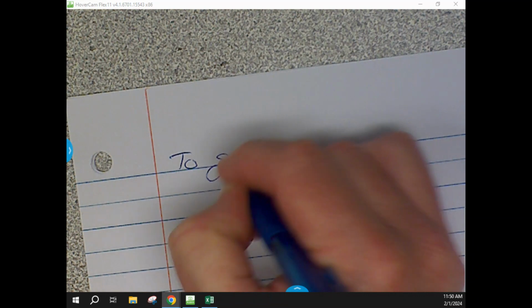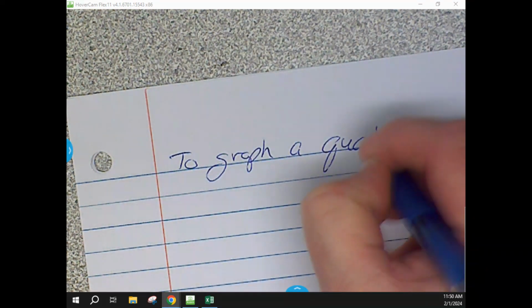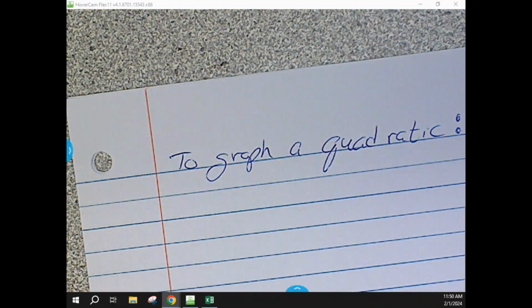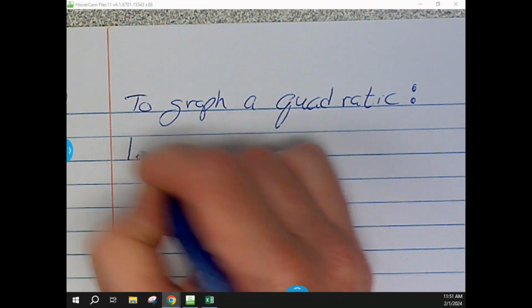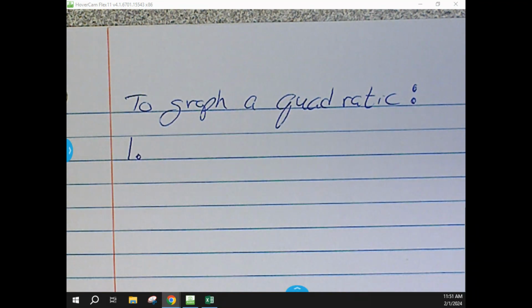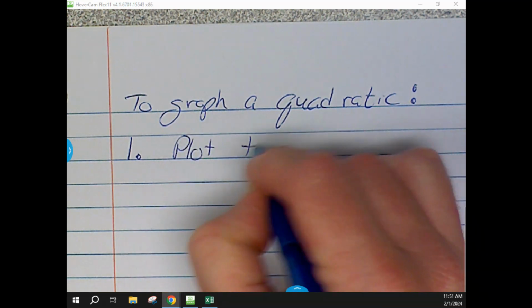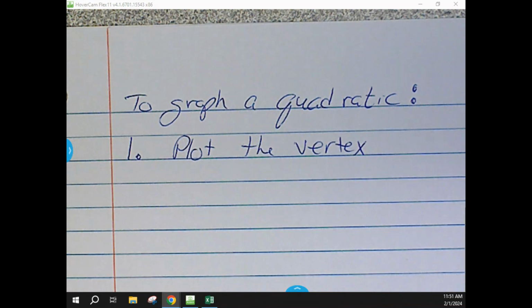Here's what I'm going to ask you to do to graph one of these. I'm going to ask you to do two things. Number one, you're going to plot the vertex.